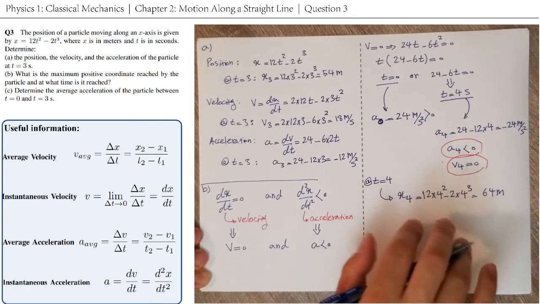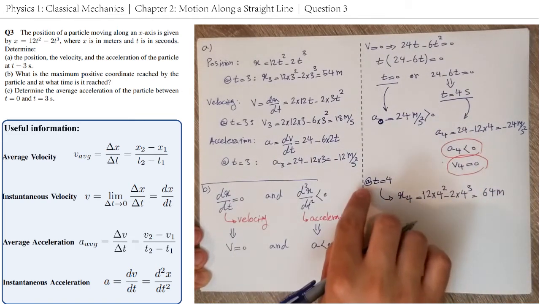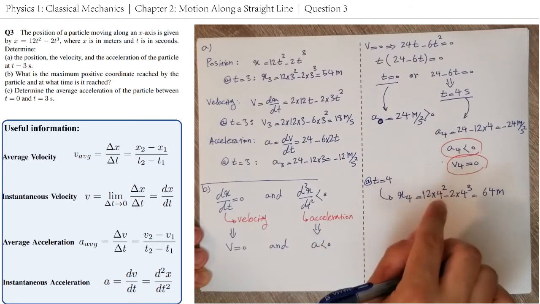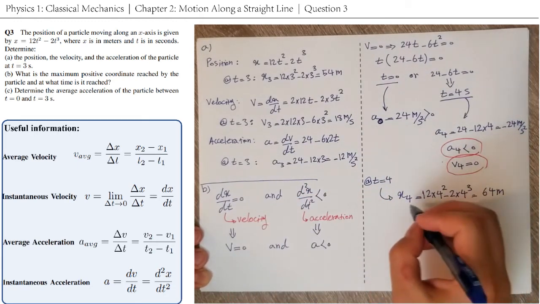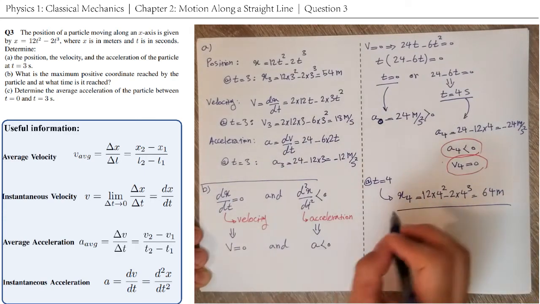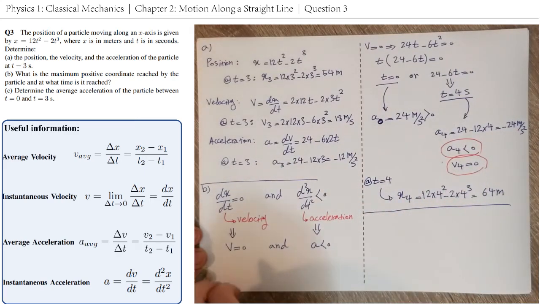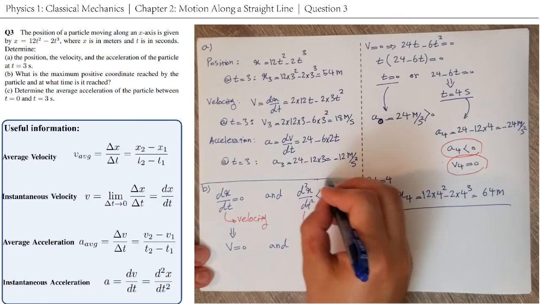So the answer for part B is that at t equals 4, we will reach our maximum value of the position, and the position is actually 64. That's it. Just using calculus in this part.